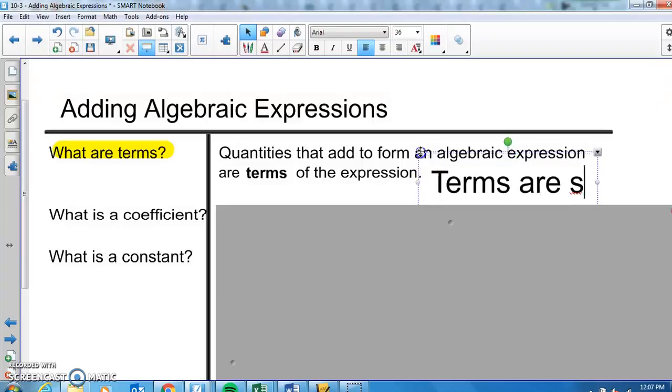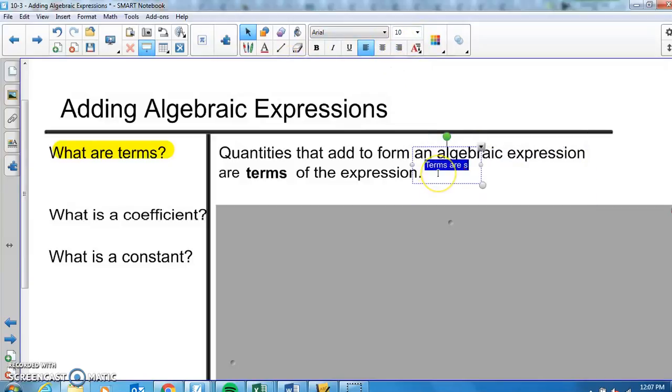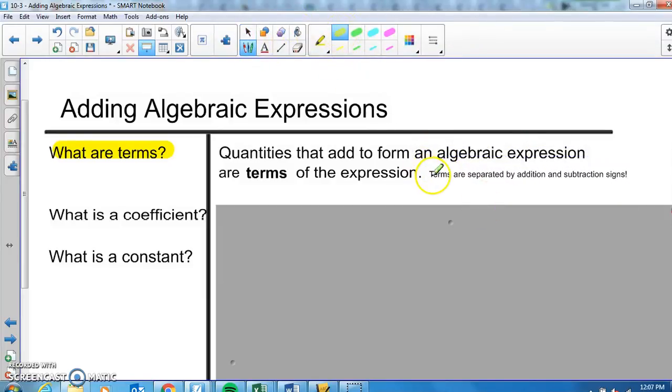And I'm going to make this a little bit smaller so that you can see it all. What I want you to have is that terms are separated by addition and subtraction signs.